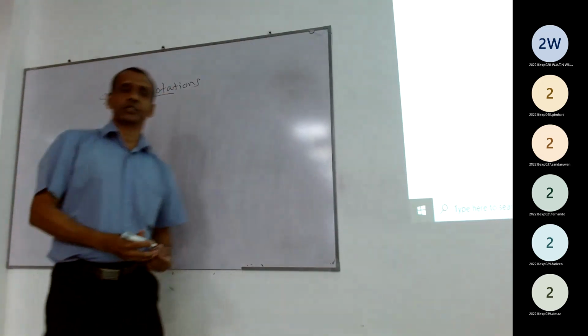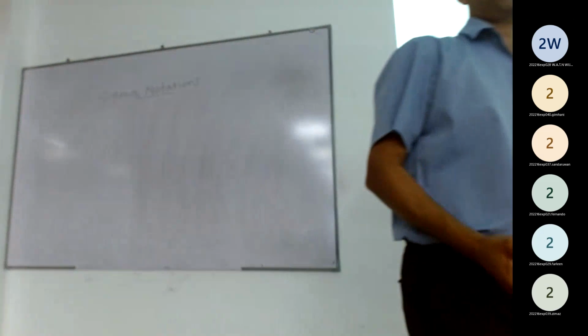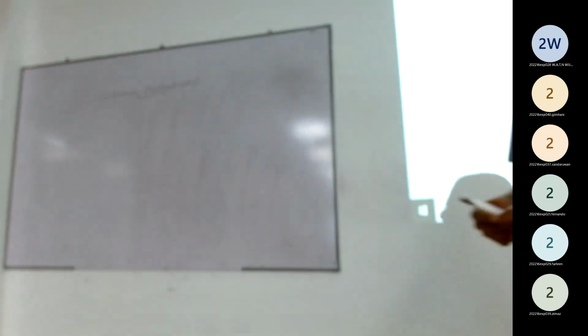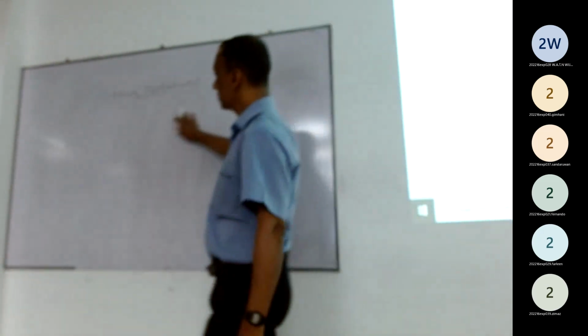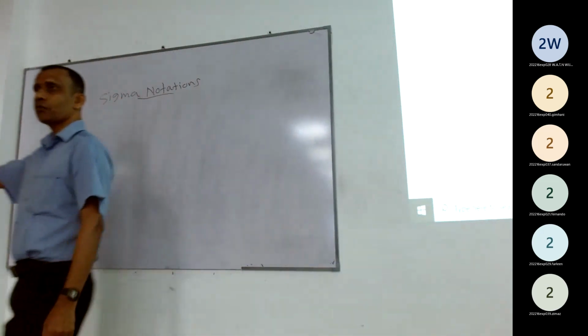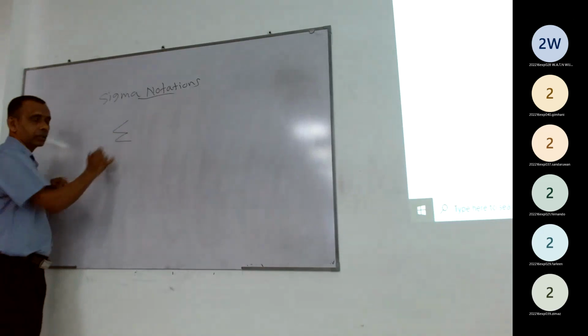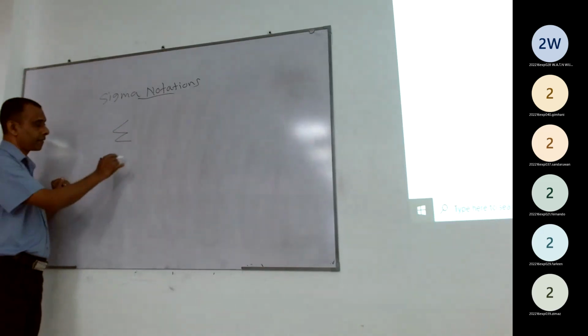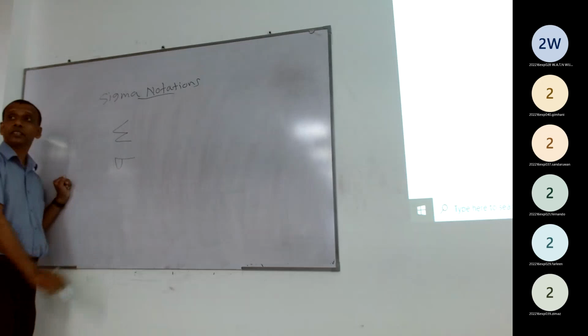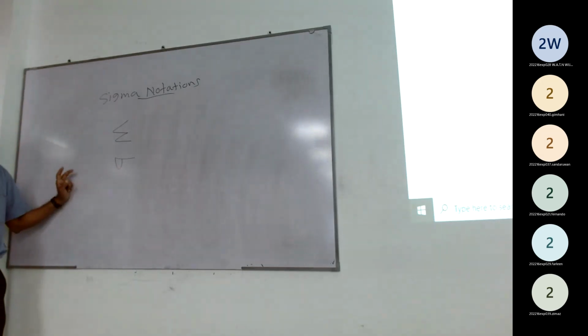Or sigma symbols. Sigma notation. When you take sigma, there are two types of sigma, Greek letters. Capital sigma and simple sigma. I think you are aware.